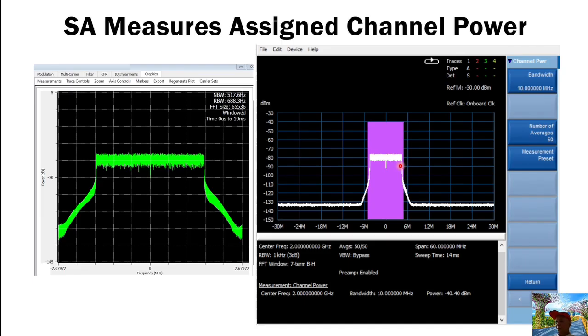If you are in the telco industry, you should be very familiar with what assigned channel power is. Today we are not going to discuss the details of these techniques related to LTE. We just discuss the spectrum analyzer's measurement capability. Okay, so this is the spectrum analyzer measuring the assigned channel power.